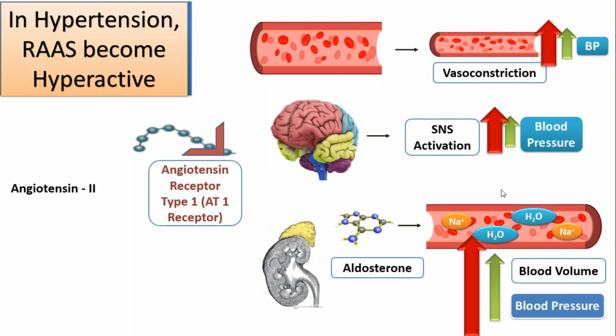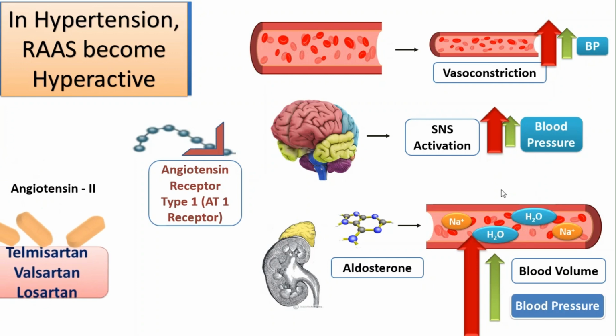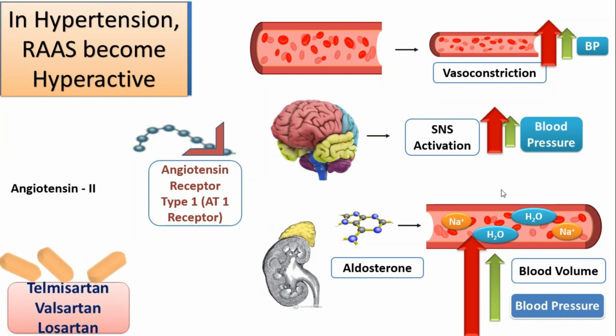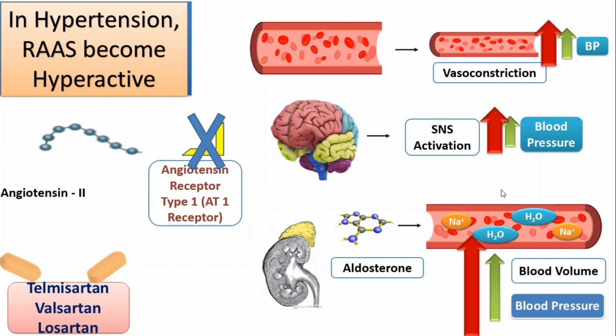To control the RAS pathway, we introduce Telmisartan, Valsartan, Losartan or any other ARB. These ARBs, angiotensin receptor blockers, go and block the AT1 receptor, that is angiotensin receptor type 1. Once the AT1 receptor is blocked by the ARB, no angiotensin 2 can bind with it.